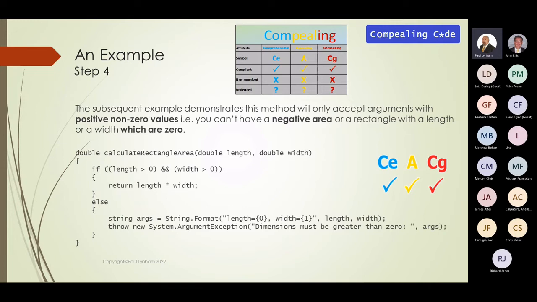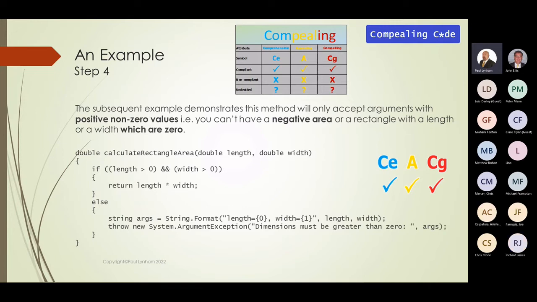So what this does, it checks that both the length and the width are greater than 0. And if that is the case, it will return the length times the width, which is the area of a rectangle. However, if either the length or the width or both do not comply with those constraints, then it throws an exception.